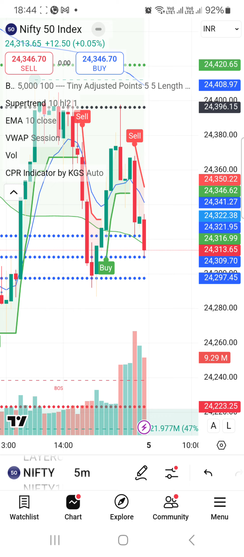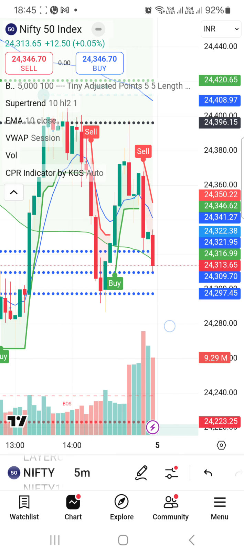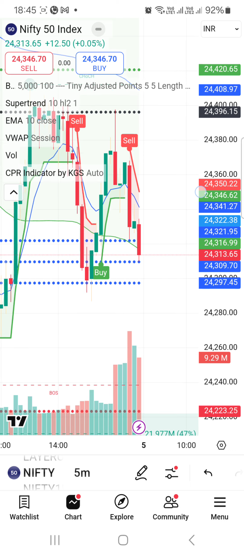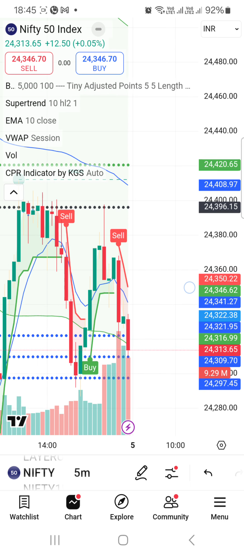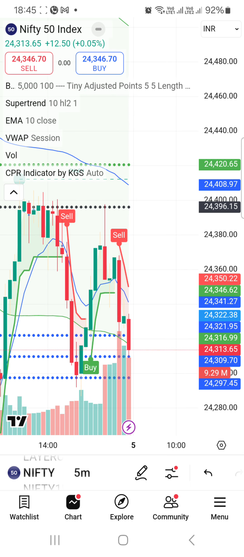Then the third indicator I use is EMA, Exponential Moving Average 10. Here 10 points of the moving average it takes, and it is usually represented by a blue line. Whenever the EMA crosses the red bar, it is a very clear indication of a bearish signal.